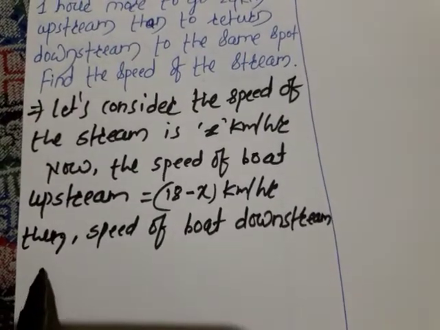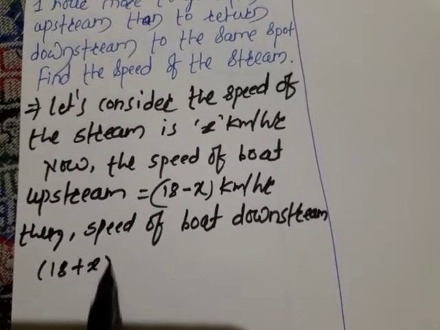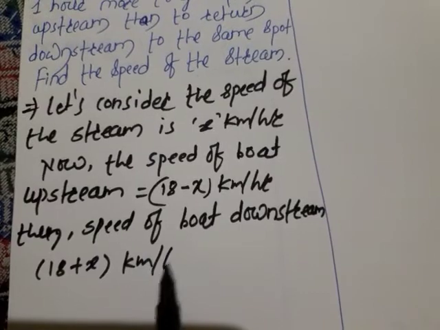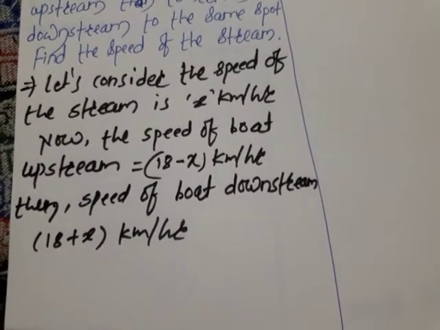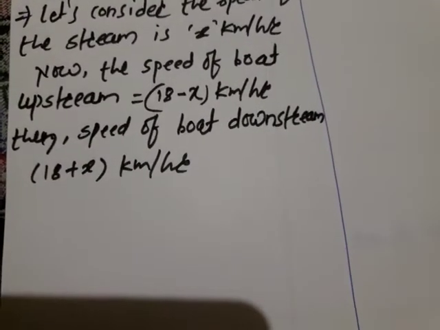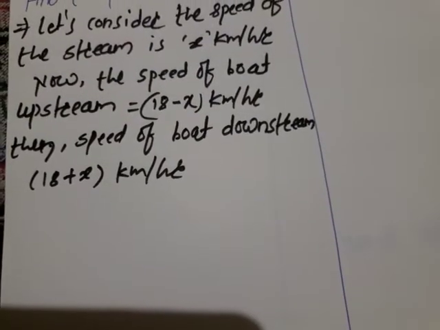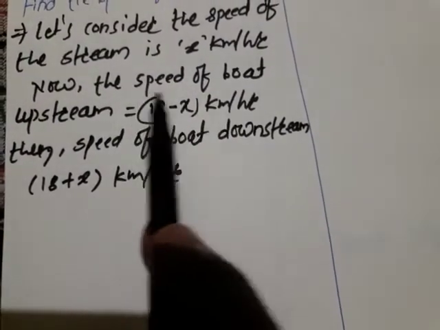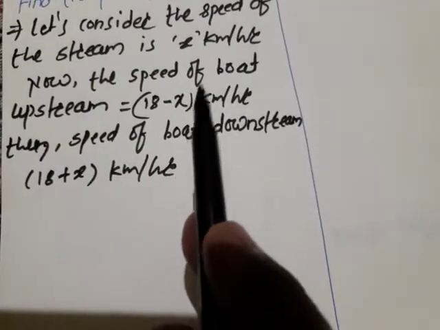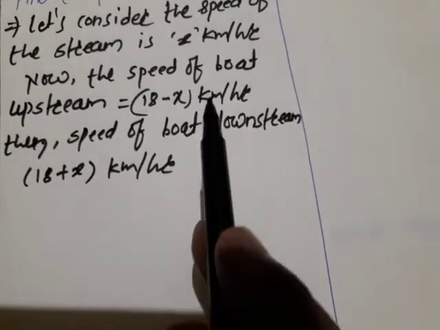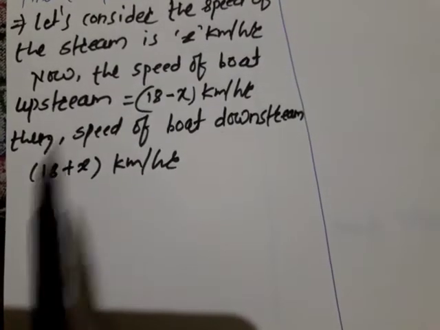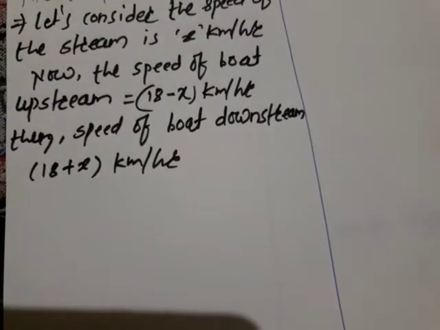Here 18 minus x, means here what will happen? 18 plus x kilometer per hour. Okay, got idea? Why it is written minus, why it is written plus? I think you got idea about it. Okay, original speed of the boat is what? 18 kilometer per hour, but the speed of the stream will oppose, यानी कि माइनस हो जाएगा, and here what will happen? It supports, यानी कि प्लस हो जाएगा, ऐड हो जाएगा.